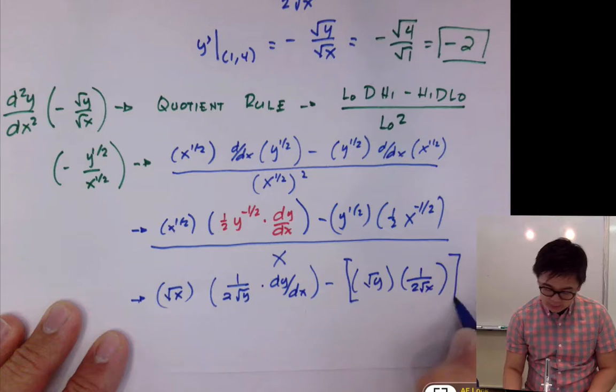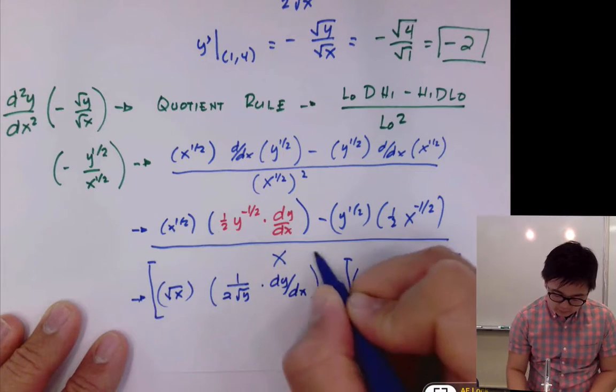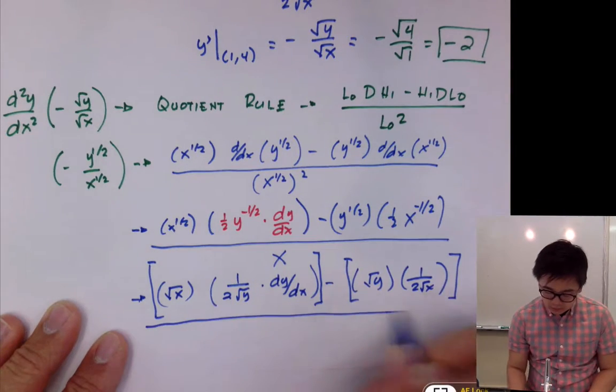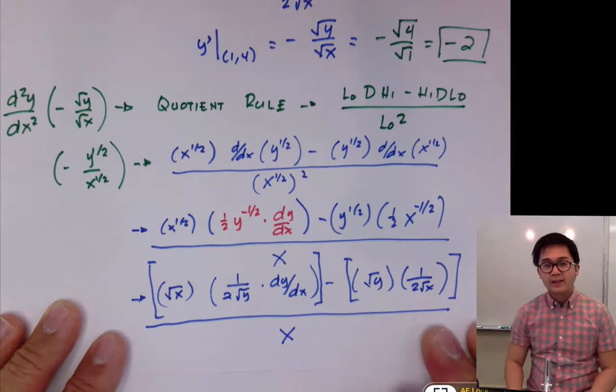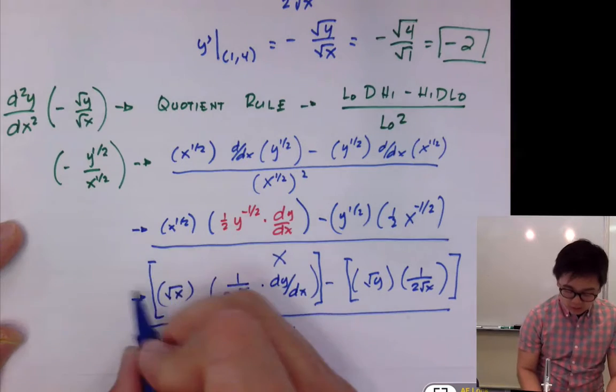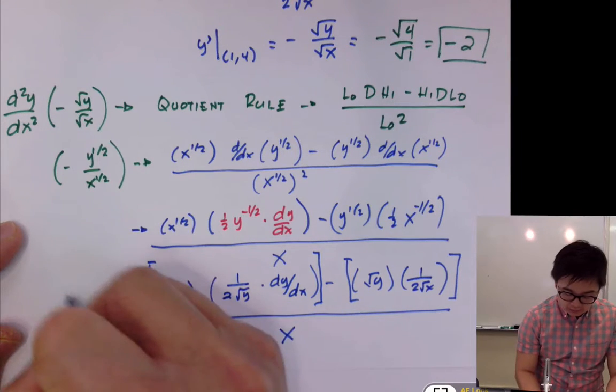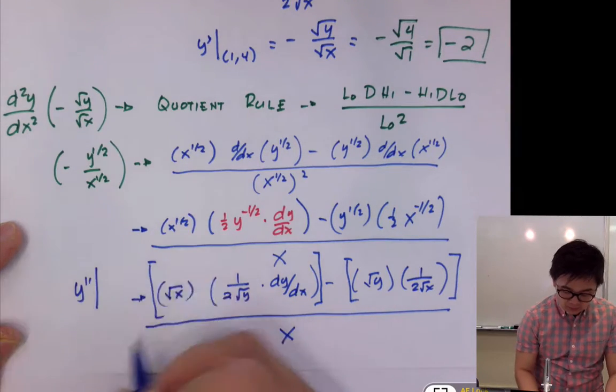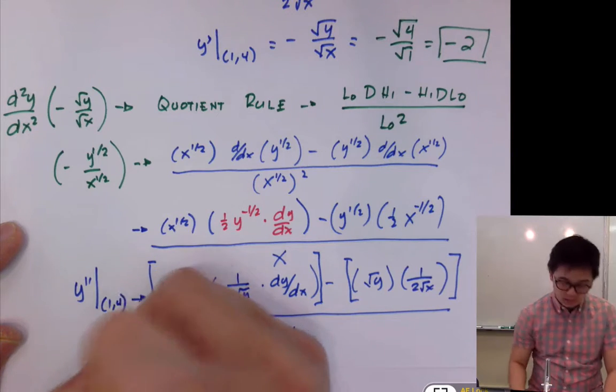So this is our second group, this is our first group all over x. So now that we have our derivative set up, we know that we are finding the second derivative evaluated at (1, 4).